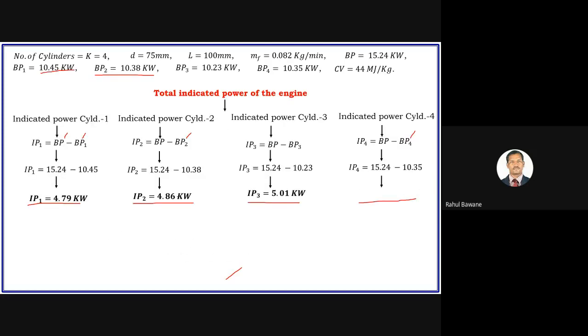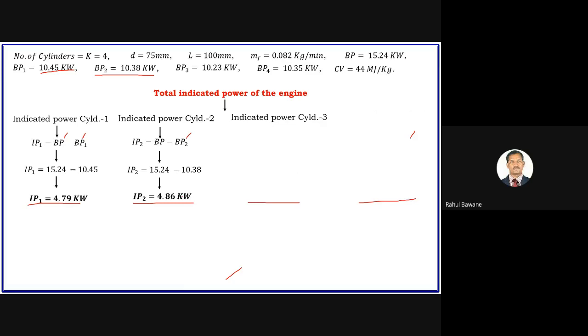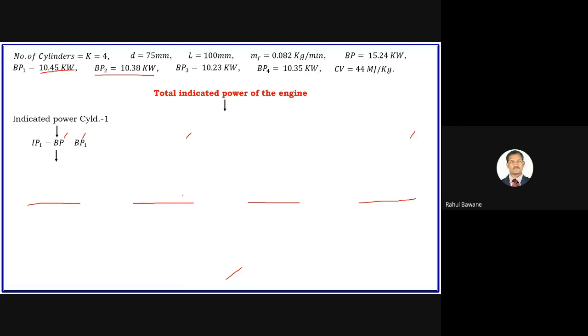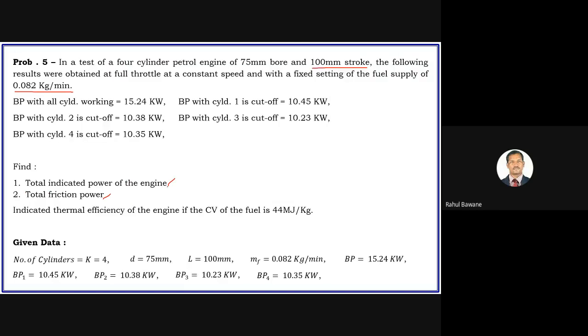Friction power. Now the second question, which I am not attempting here, so I am attempting only the friction power. I will explain: total indicated power we calculated, total friction power we calculated. Now the indicated thermal efficiency. What is the indicated thermal efficiency? It is indicated power divided by MF, that is fuel consumption, into CV. Indicated power we calculated.